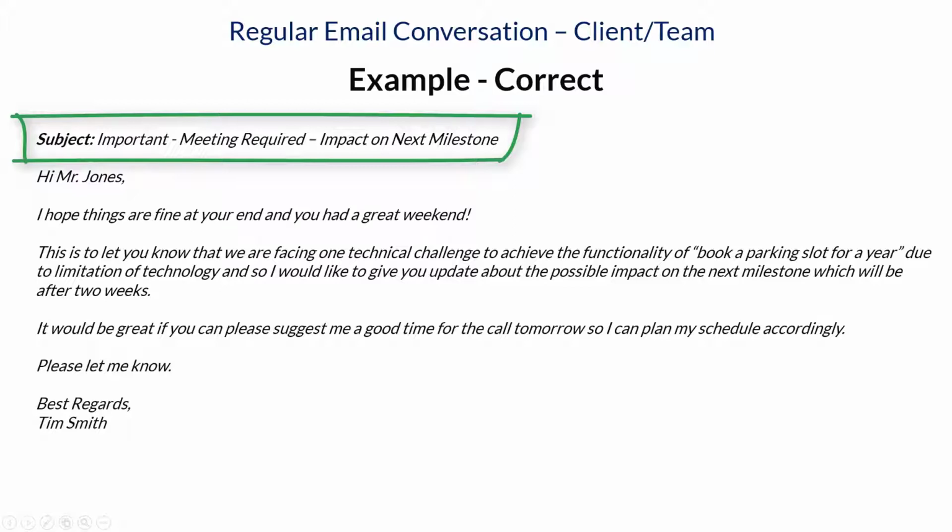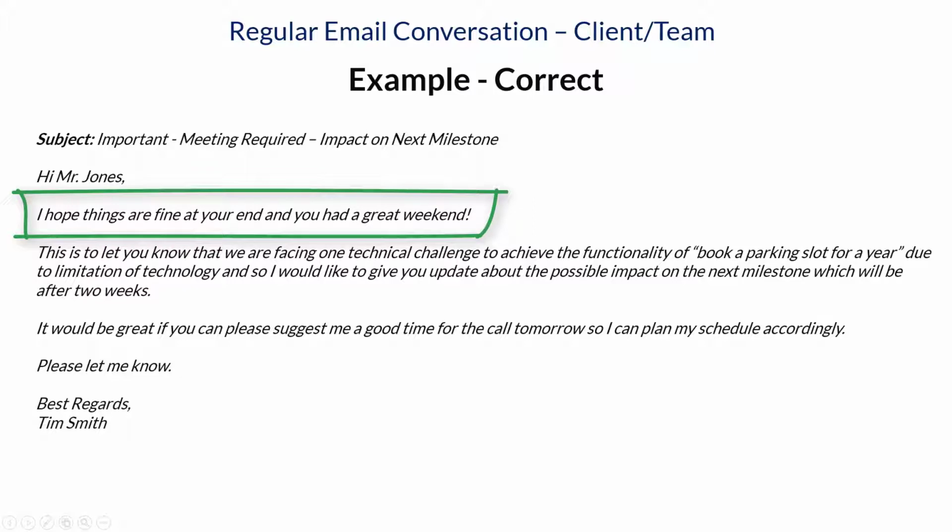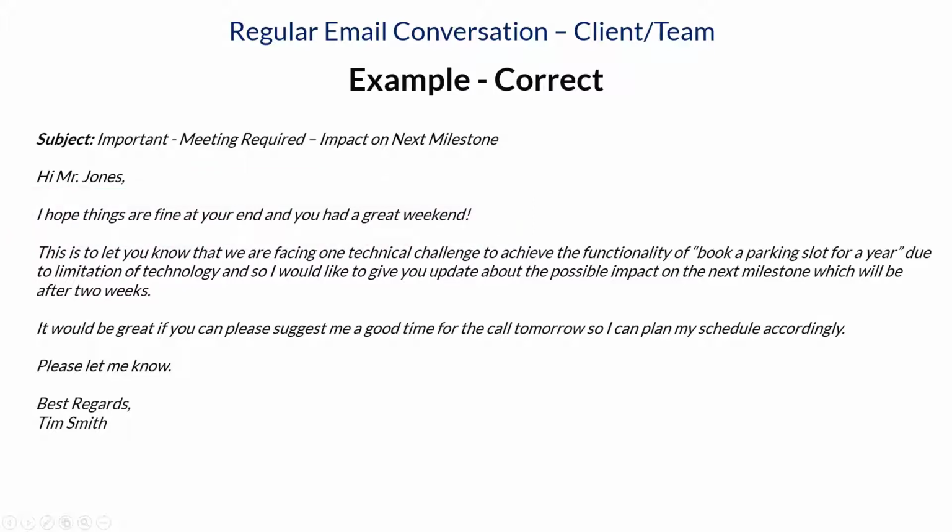So people will open the email, and then you can see how the correct example has been written. "Hi Mr. Jones, I hope things are fine at your end and you had a great weekend." You can see the first is "hi", the second is greetings.